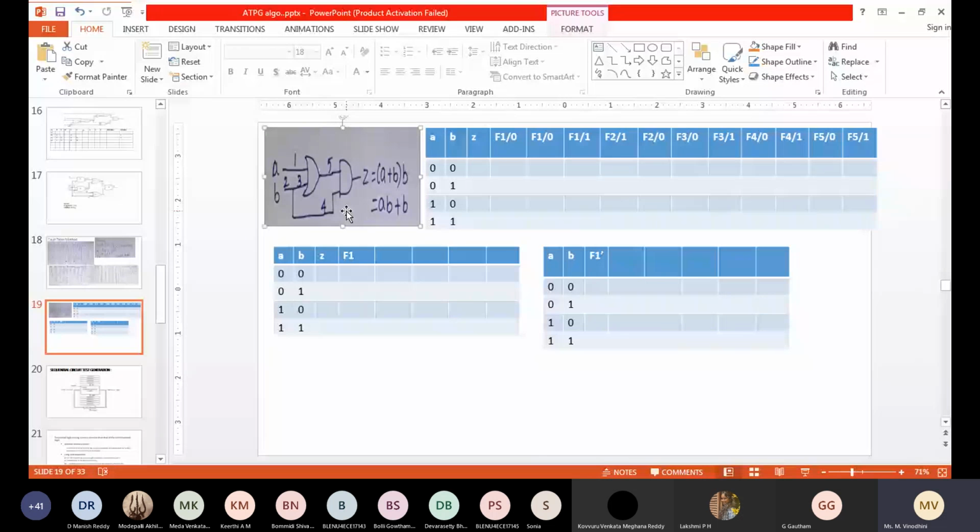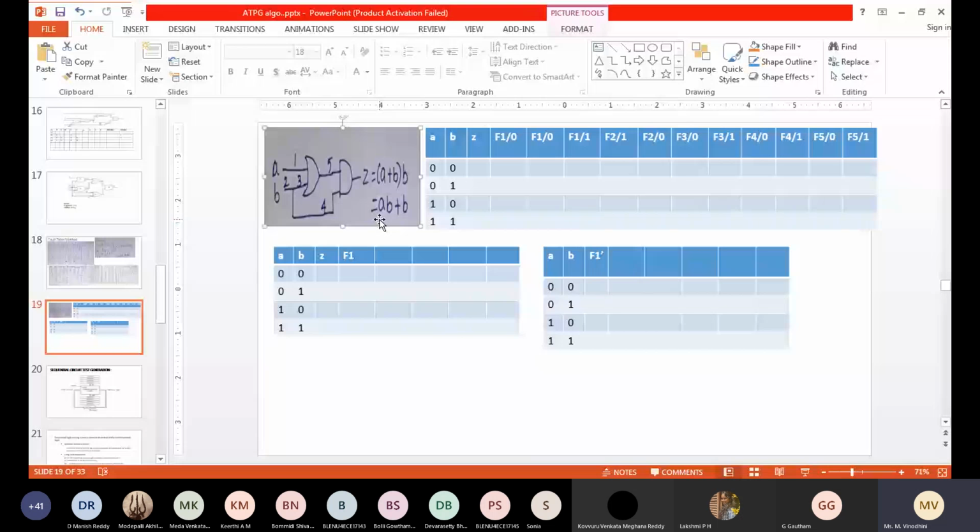This is something different compared to the ATPG algorithms we have come across till now. In all the ATPG algorithms so far, we introduced the fault and then got the test vector: which test vector will detect the fault? But the fault table and ENF methods do not come in that category.